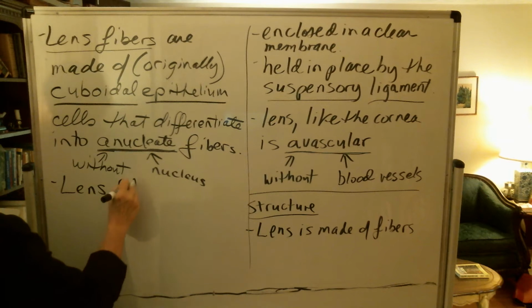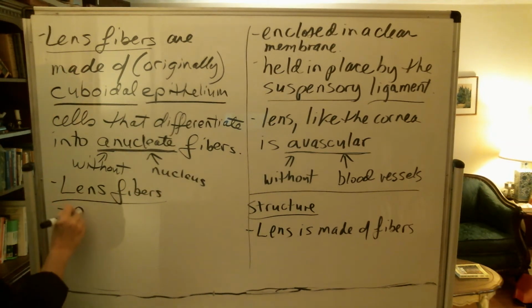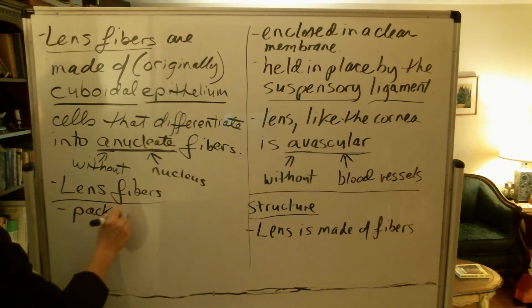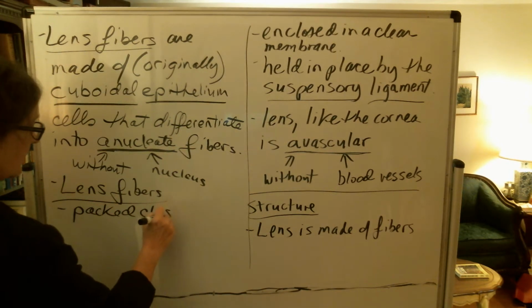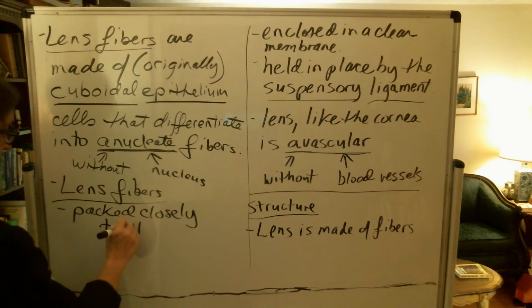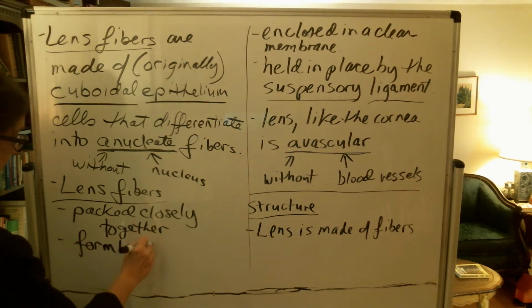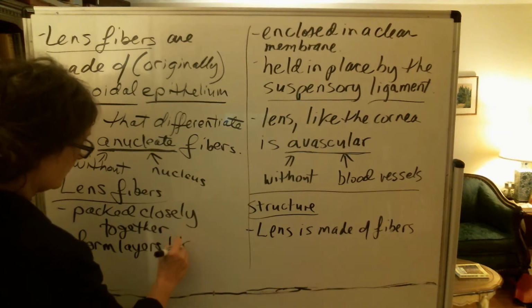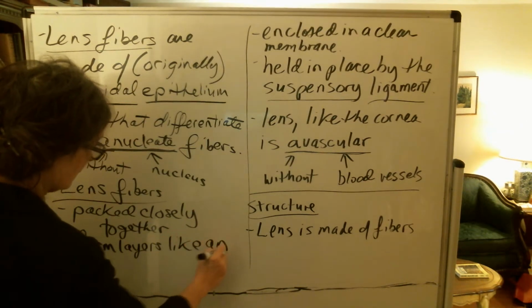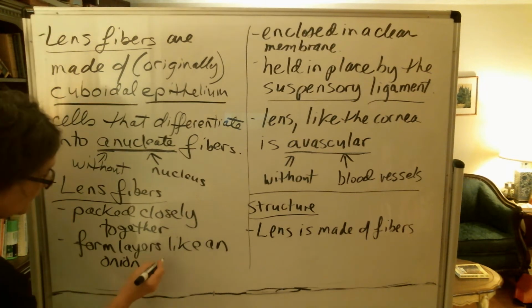So your lens fibers then are packed closely together and they form layers like an onion.